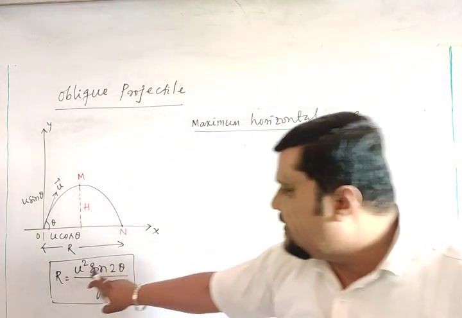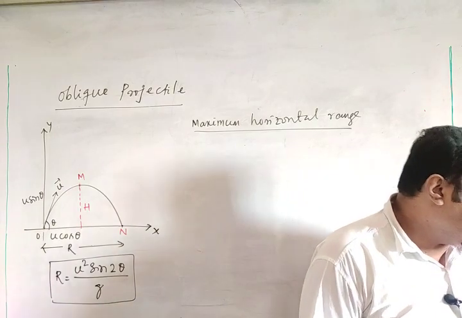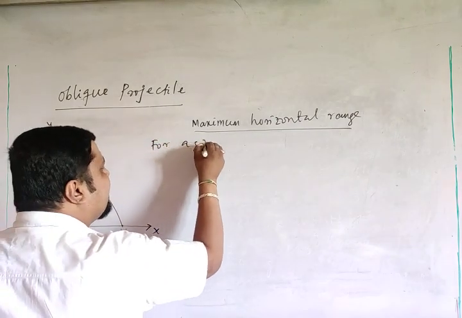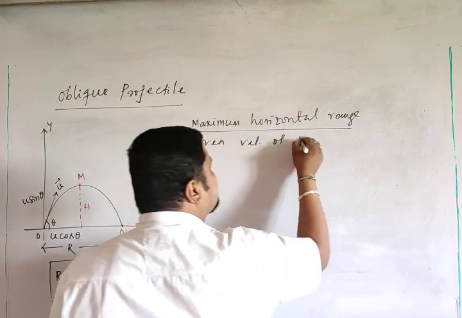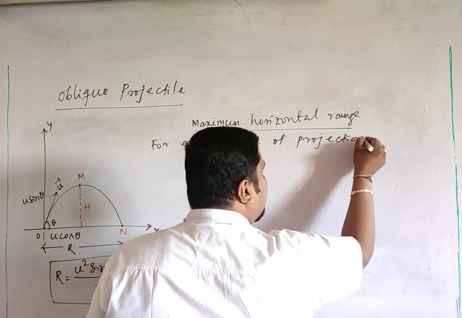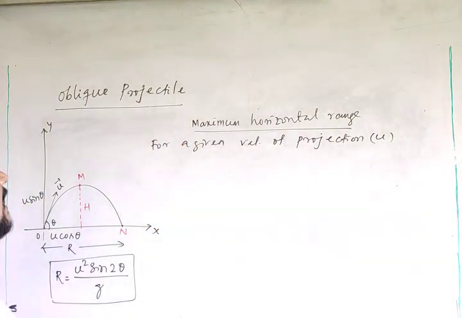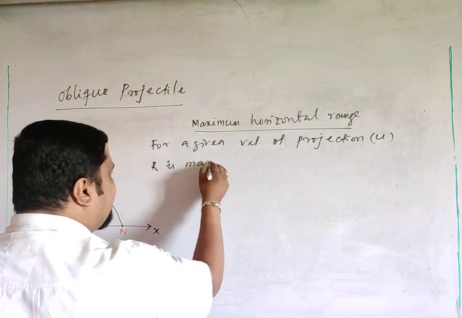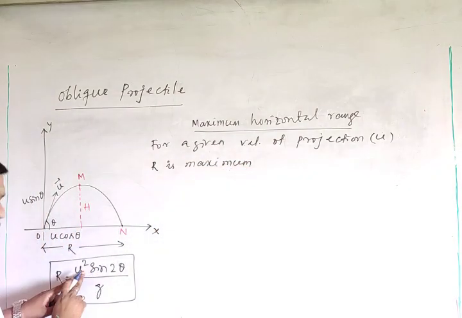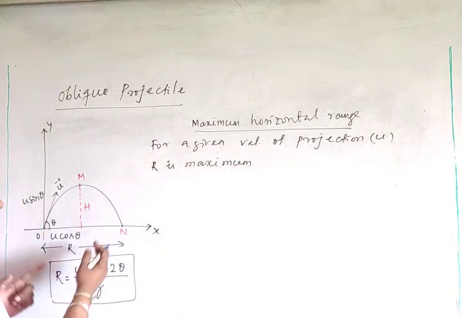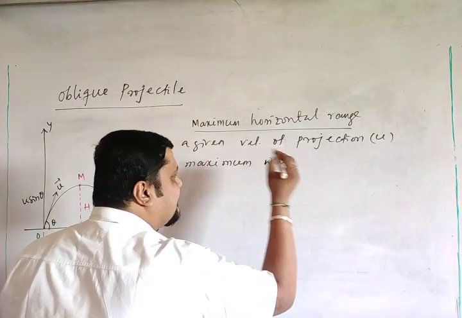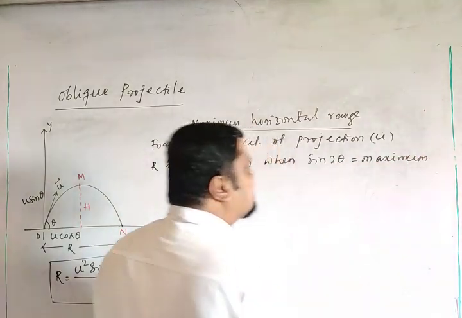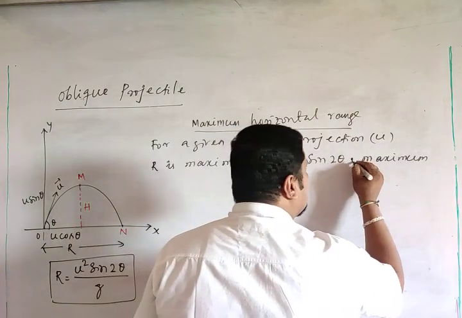Because u is fixed and g is constant, R is maximum when sin 2 theta is maximum.